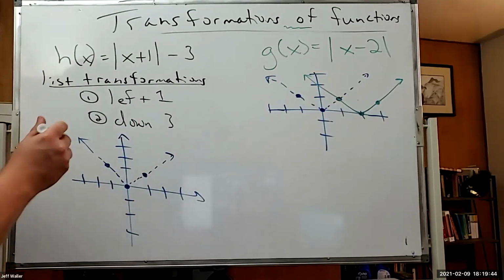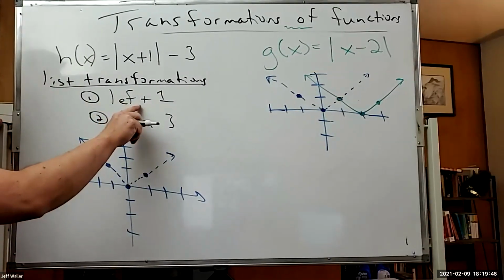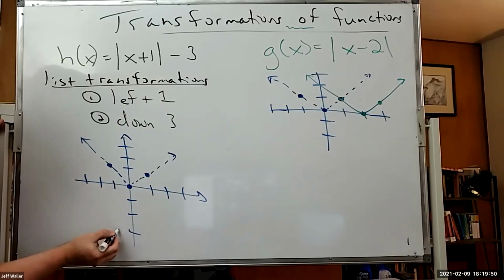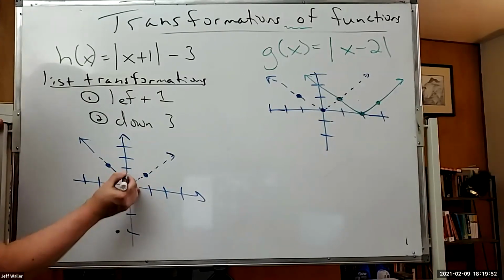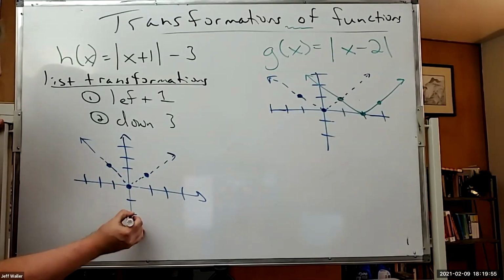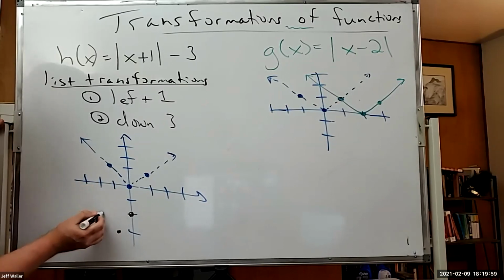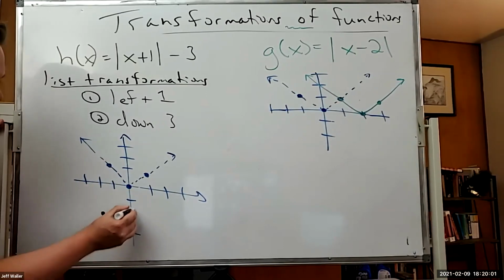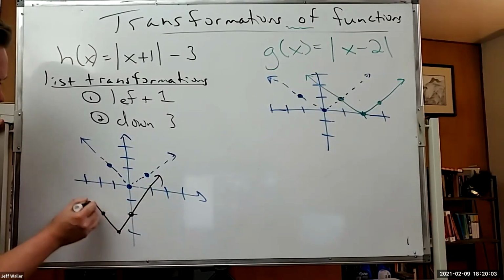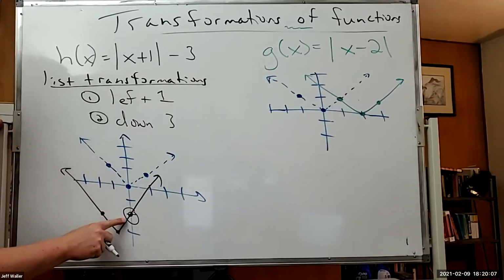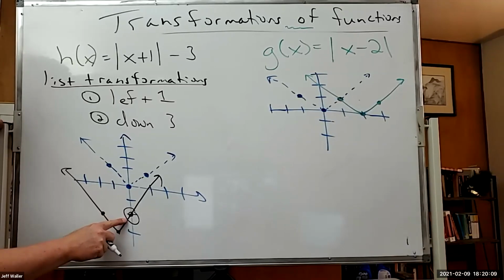So if I go every point, left 1, down 3, left 1, down 3, left 1, down 3. How can I check my work? What point is this? 0, negative 2. Yes.